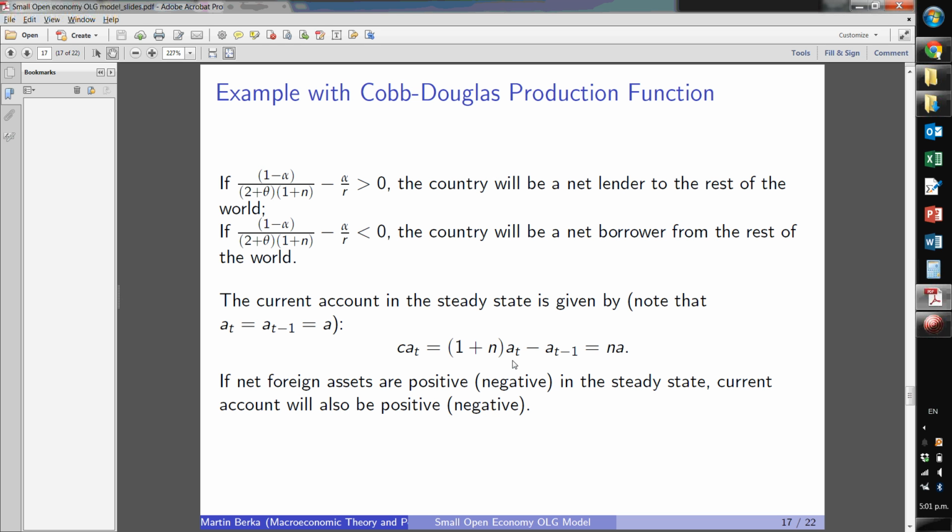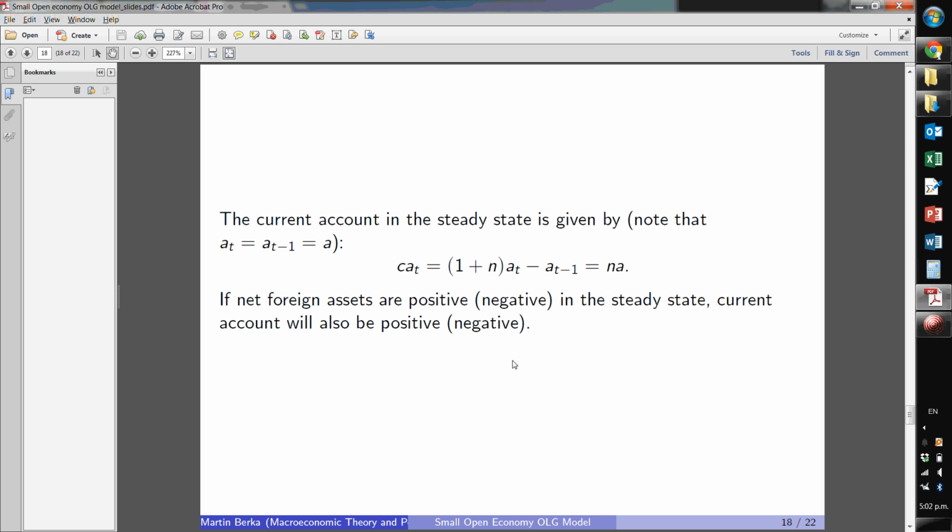If the net foreign assets are positive in the steady state, the current account will also be positive. And if the net foreign assets are negative, then the current account will also be negative. This is just a typo. It is a copy by mistake, the same expression as on slide 18, which I should have deleted.